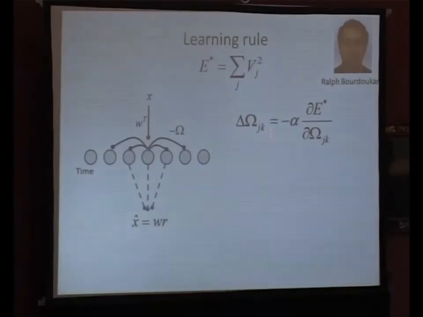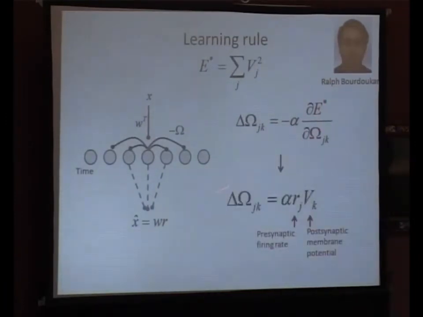We say, okay, we're going to change the weights in the direction of dE divided by d omega. And we get this very simple rule: you change the lateral connections according to the presynaptic firing rate times the postsynaptic membrane potential. So it's a very simple Hebbian rule, nothing else.